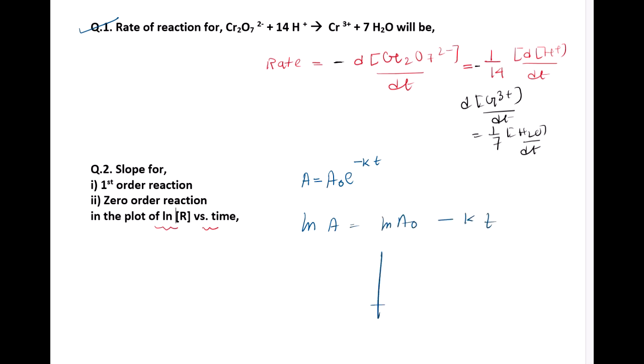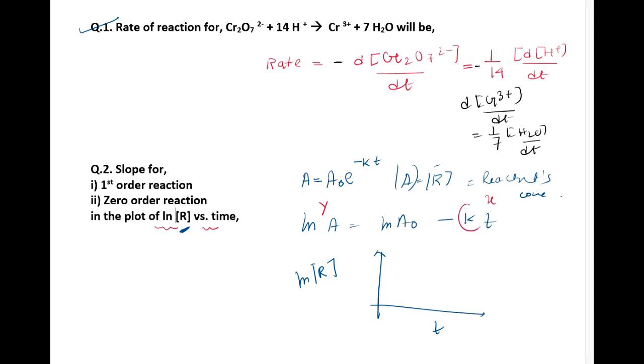So we draw the plot taking ln A, which we can consider as ln R, because A is the reactant concentration. If we take ln A on the y-axis and time on the x-axis, minus k will be the slope. So the slope will be negative, with intercept ln A0. Here the slope equals minus k.